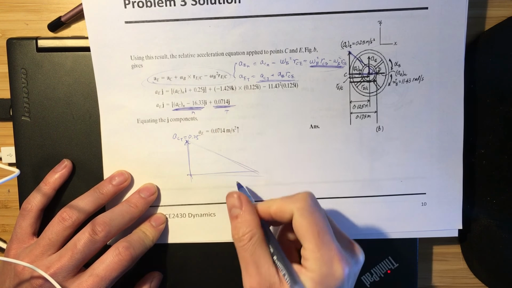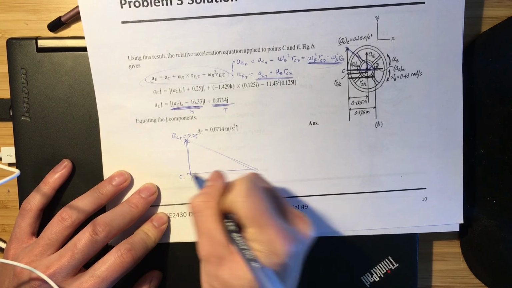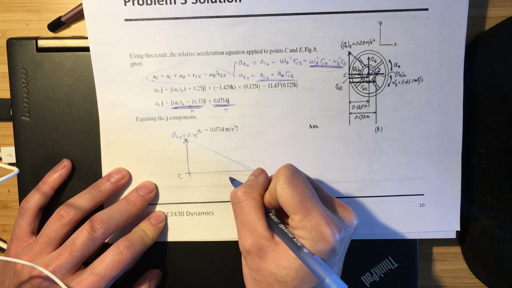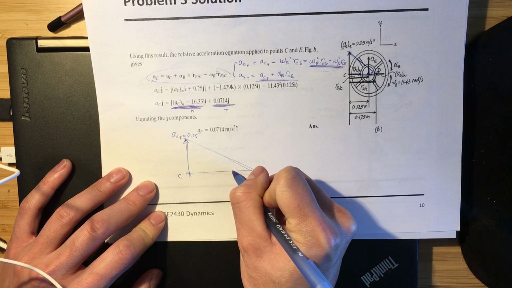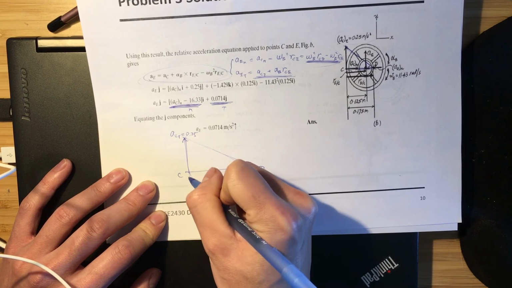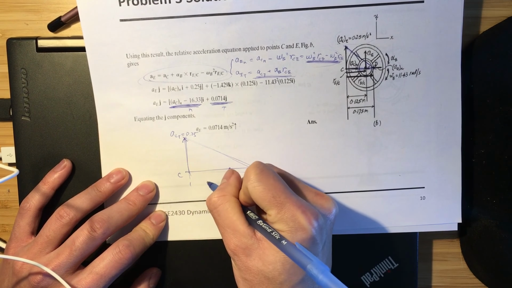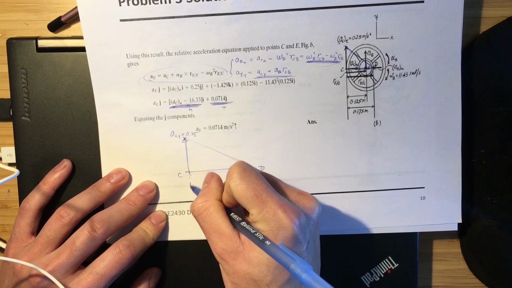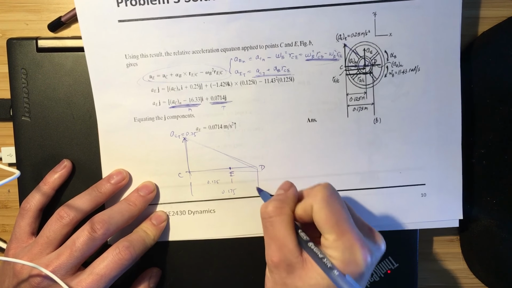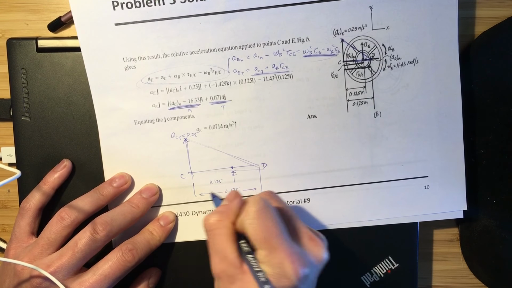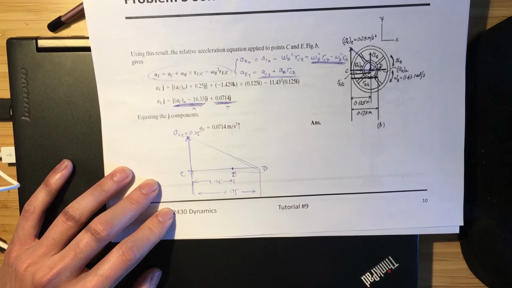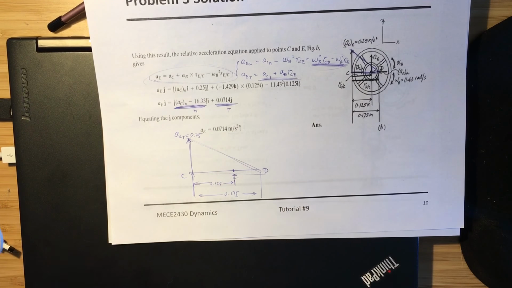This will be C point, this will be D point, and here it should be E point. So CE is 0.125, CD is 0.175.